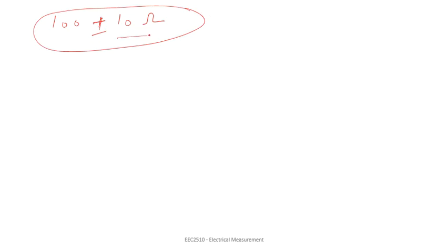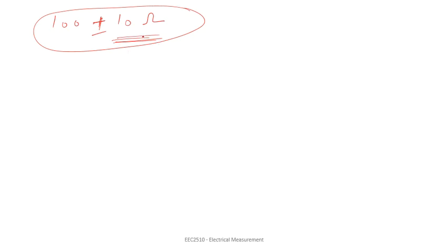That means this is 100 plus minus 10 ohm. Suppose the manufacturer supplies you a resistor with this specification. This is the absolute error which I just explained previously.